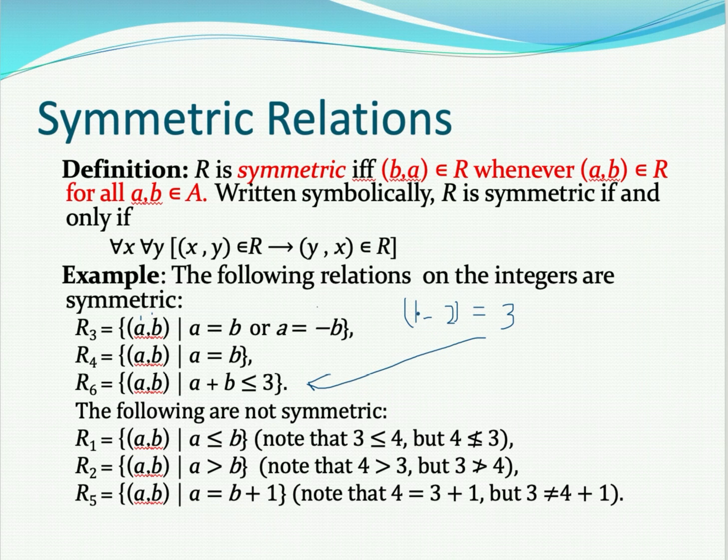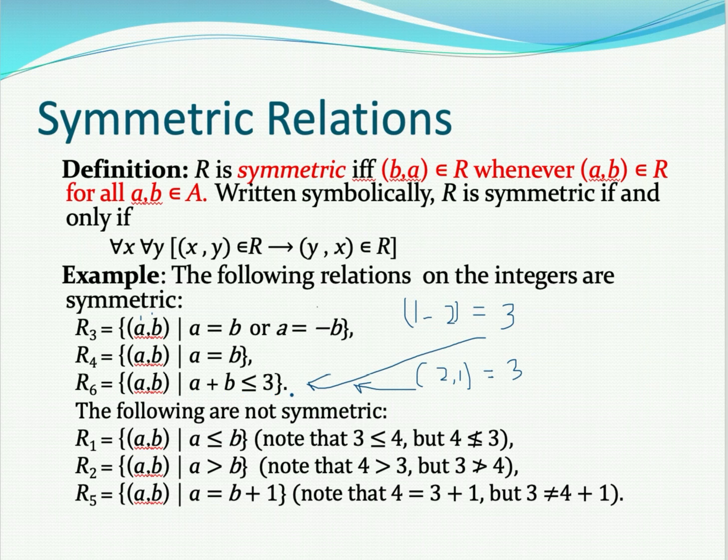And if we have (2, 1), then 2 plus 1 also gives us 3. Because 1 plus 2 equals 3 and 2 plus 1 also equals 3, we can say that this relation is symmetric. So R6 is symmetric.